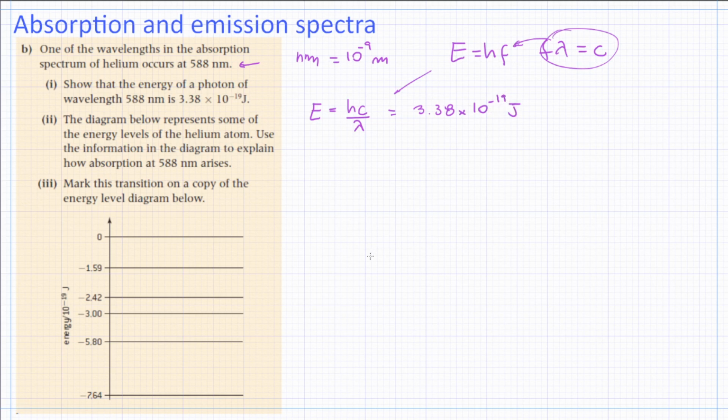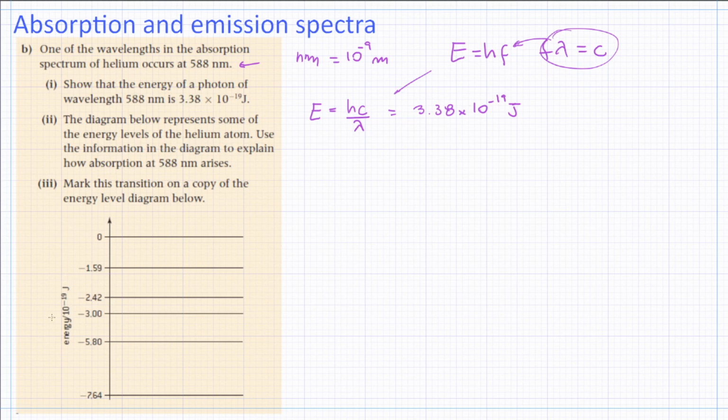Now, the diagram below represents some of the energy levels of the helium atom. Use the information in the diagram to explain how absorption at 588 nanometers arises. So, since it's an absorption, the electron is actually being raised to a higher energy level, right?